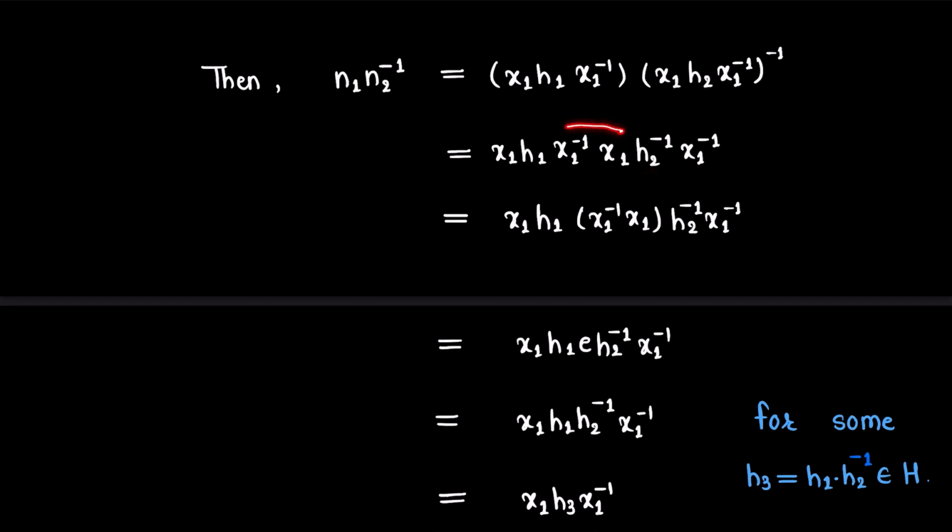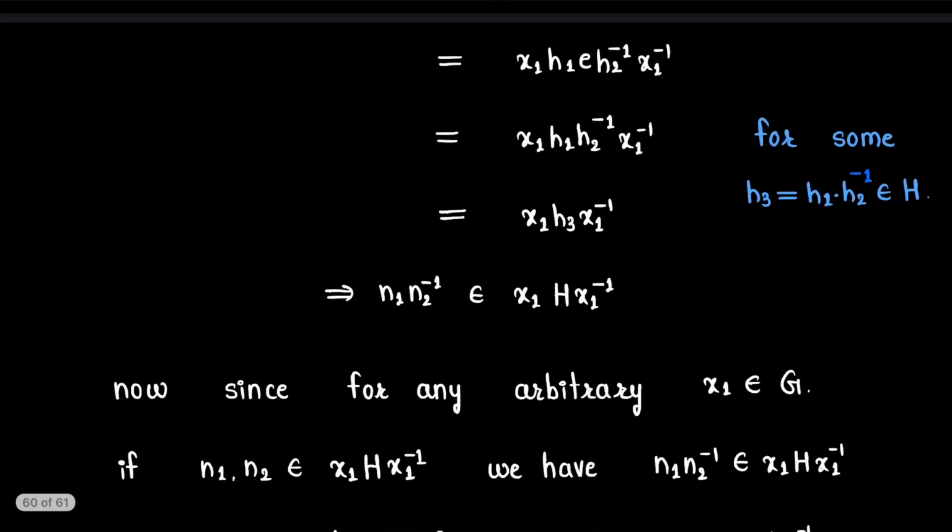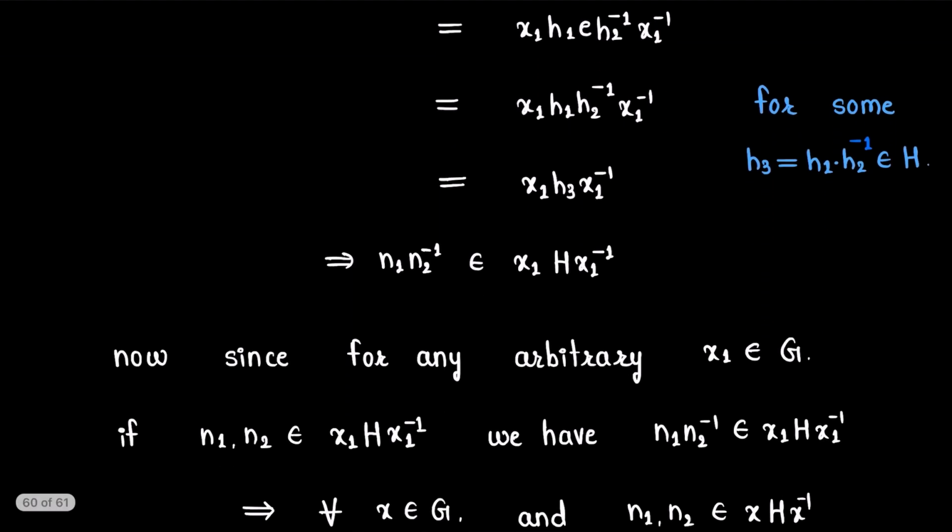Now x1 inverse x1 will be the identity element and the remaining elements will remain as they are. Now h1 h2 inverse can be written as h3, since h1 and h2 are elements of H and H is a subgroup of G.